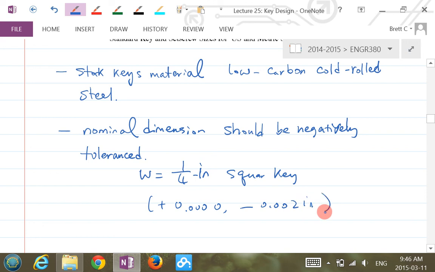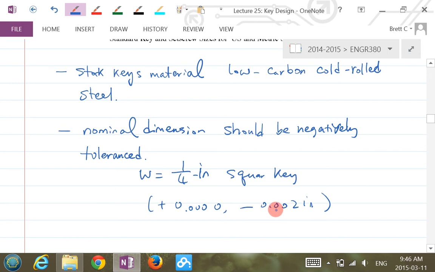So why is that? Because you're going to put the key inside the key seat, right? The key seat is machined using a tool. If your nominal size is 1/4, then you use a tool of that 1/4 size, and when the key has a negative tolerance, you can put the key easily inside the key seat. If it is a positive tolerance, guess what?